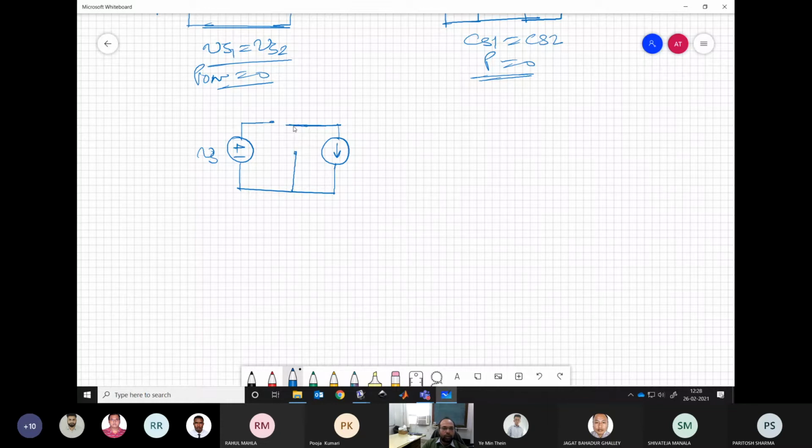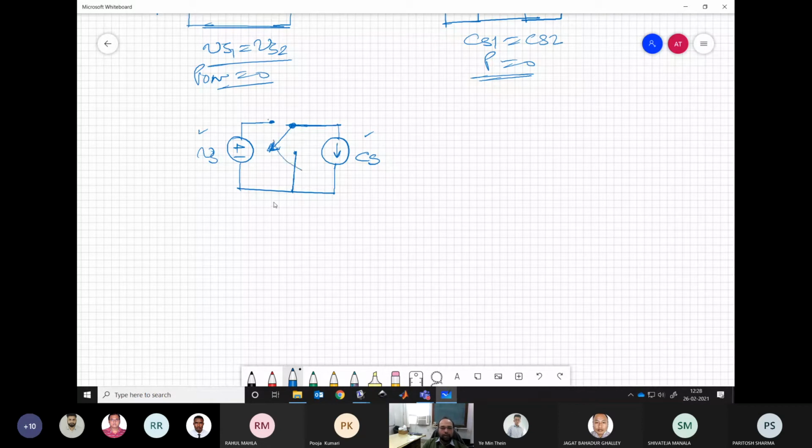So let us make the arrangement like this, using the SPDT switch. The voltage source cannot be shorted, the current source cannot be opened. So either we connect the current source to the voltage source or we short the current source.